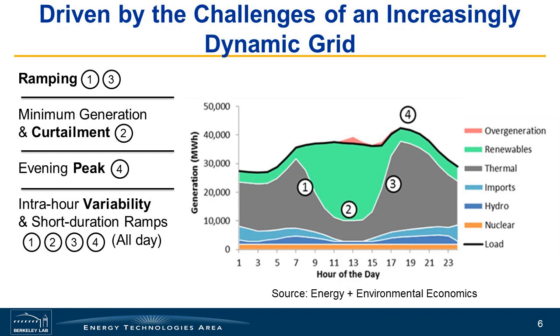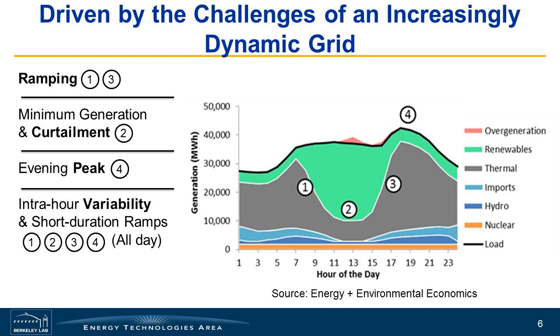So why is this important? What are we dealing with here? This is driven truly by the challenges of a dynamic grid. We have increased penetration of renewable and distributed generation throughout the country, not just limited to California, which is where this infamous duck curve is taken from.